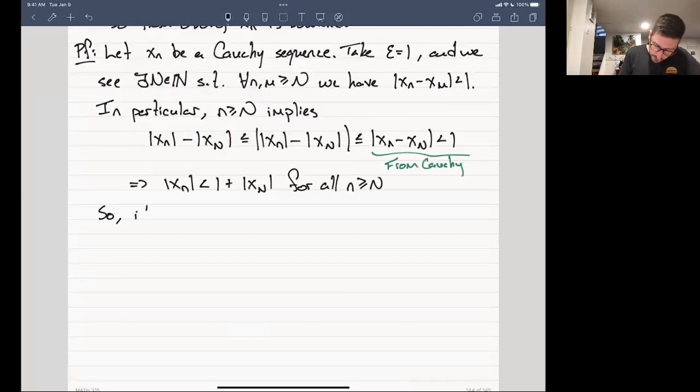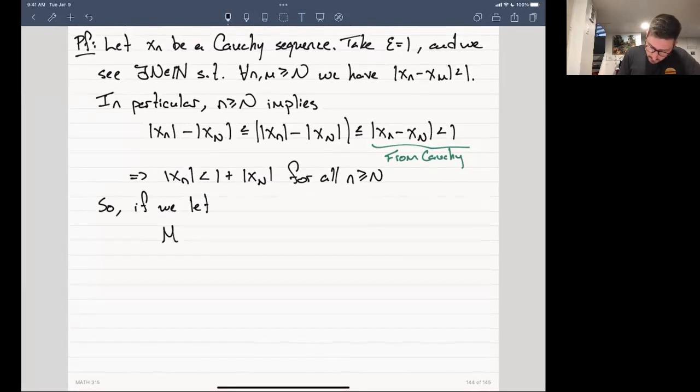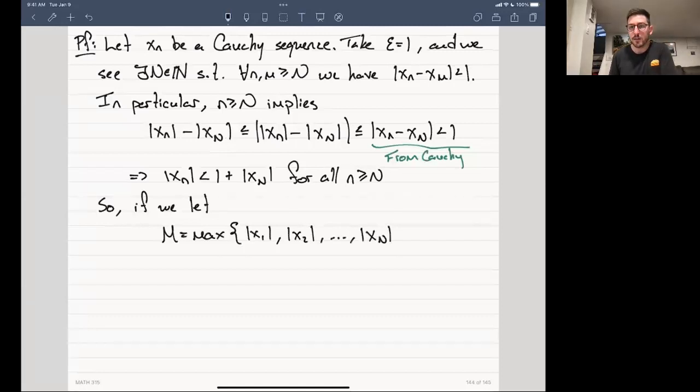So let's say M equals the maximum of the first element in absolute value, the second element in absolute value, all the way up to the capital Nth element in absolute value, and then 1 plus |xN|.